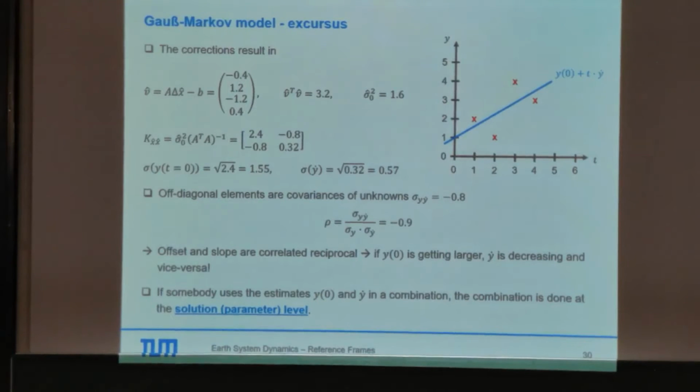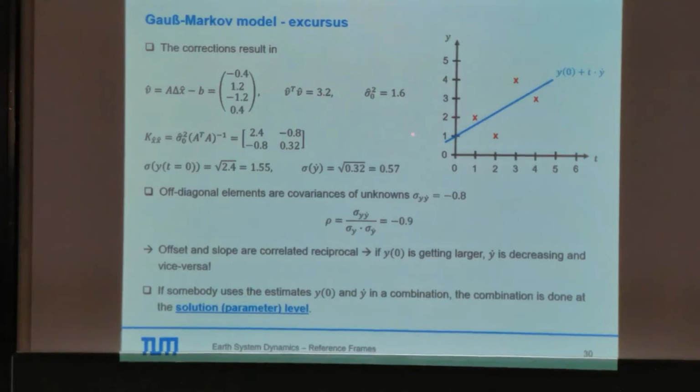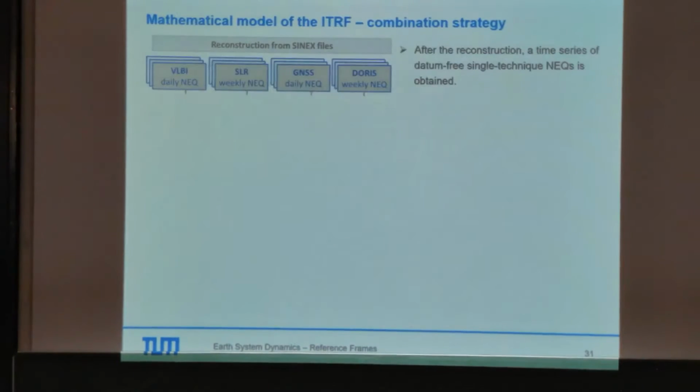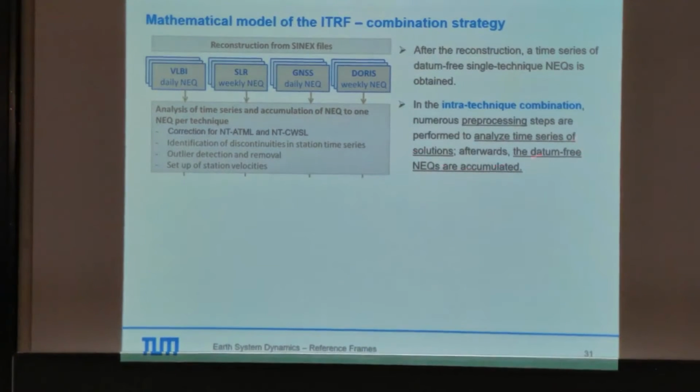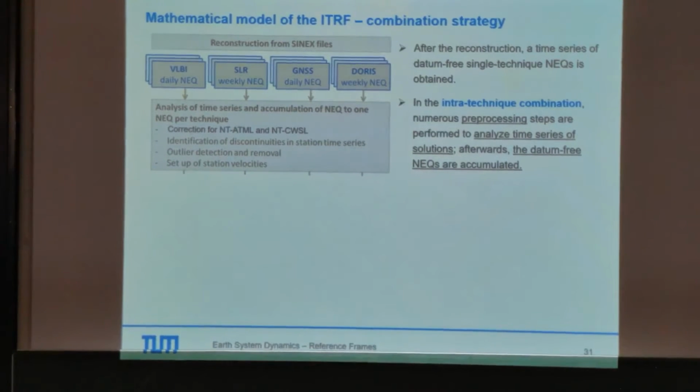Yeah? It's a daily average observation for the station Ny-Ålesund, for example. So what the accumulation means is that we sum up all the observations for this station and then fit one velocity through all the different observations. That is done in the so-called intratechnique combination. Intratechnique because we sum up all the observations of one technique. And we end up then with a technique-specific normal equation.